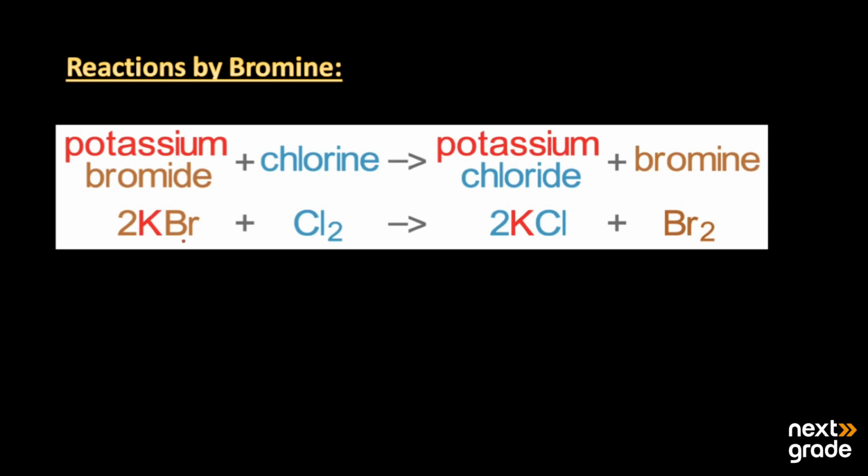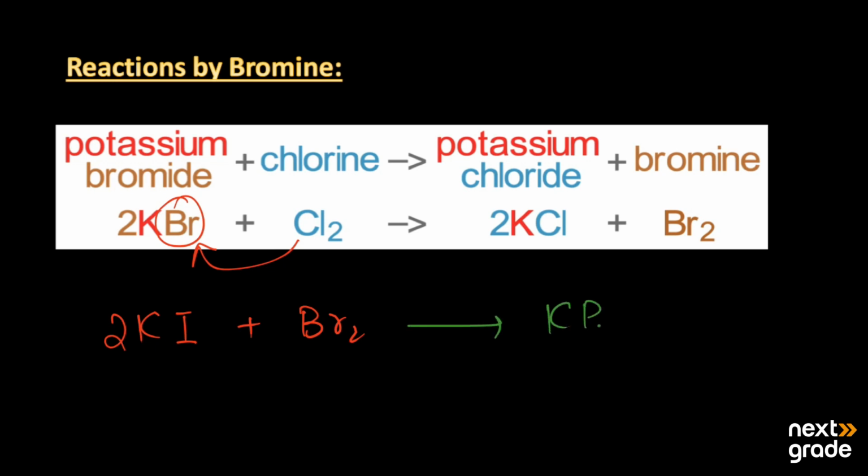At the end, we have the reactions by bromine. Bromine can be displaced by chlorine, and if I write the reaction as potassium iodide reacting with bromine, then this bromine can displace the iodine, forming potassium bromide and iodine.